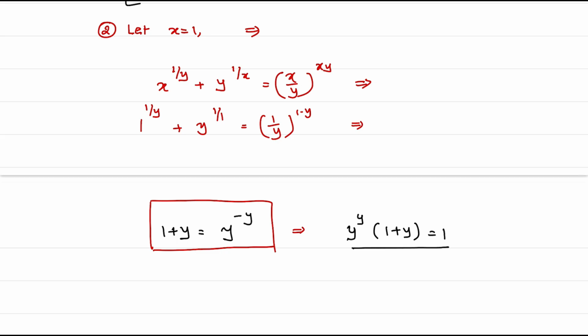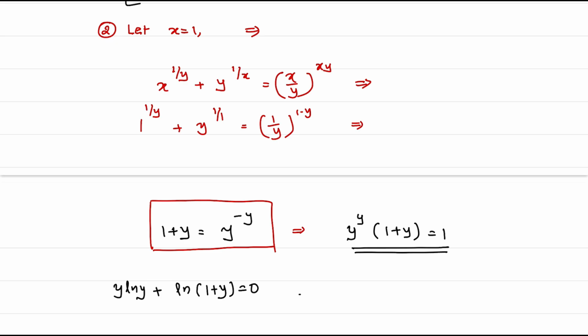We can even write like this: y into ln y plus ln 1 plus y is equal to 0. You put y is equal to 0, what happens? ln 0 is not defined.